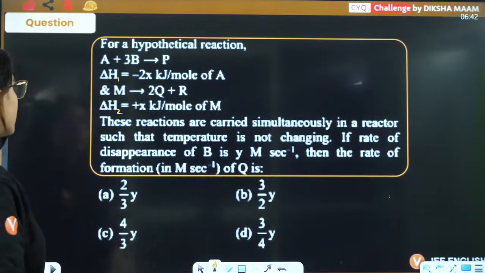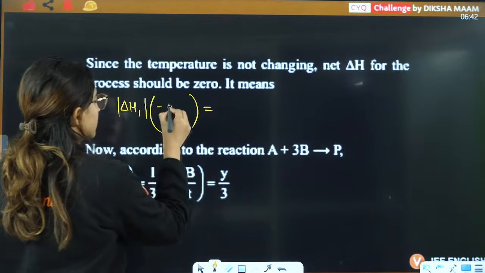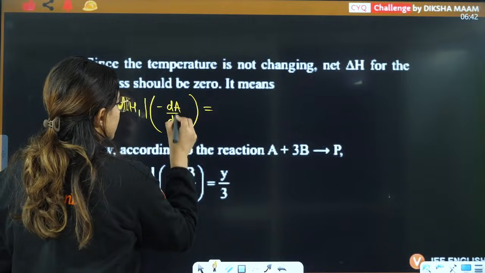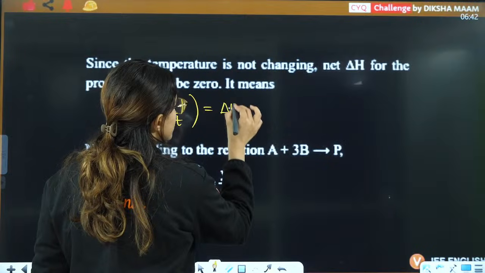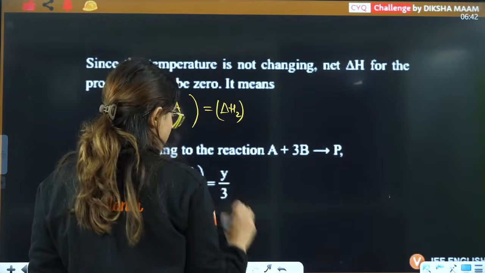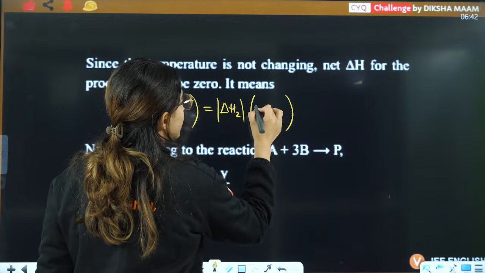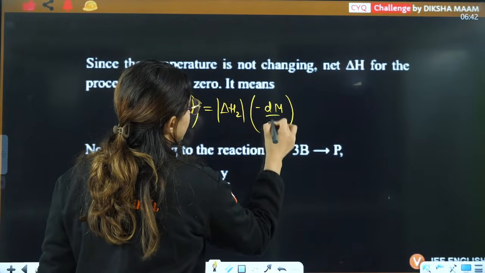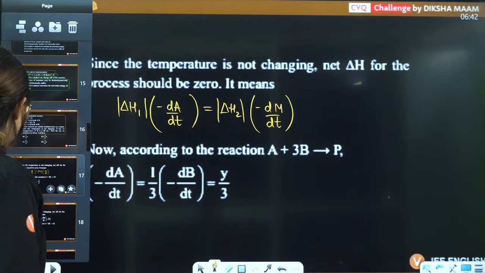That is minus dA by dt, right? And this is delta H2 mod, right? And this is in terms of M, it is minus dM by dt. Okay, so this is all what you have to write here.